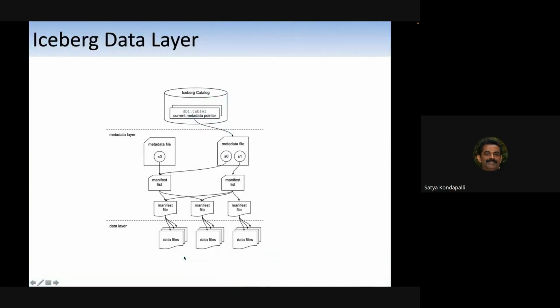So we are all aware that Iceberg has the metadata layer, and then after that, the data layer. The data layer maintains the data files. Sometimes we get unused data files.